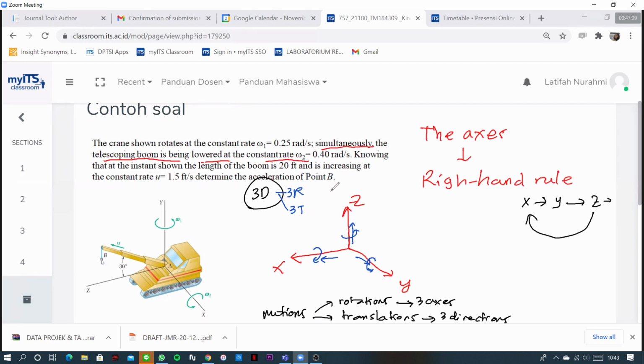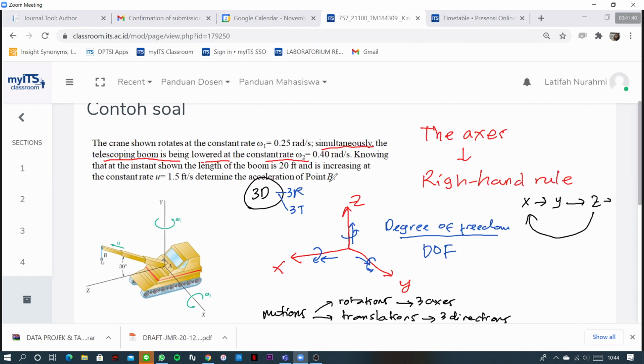This is what we call a degree of freedom. In the class of vibration, you may call it in Indonesia derajat kebebasan, degree of freedom. Or in some books, we call it DOF. How many DOF? 3 DOF, 1 DOF, and so on.